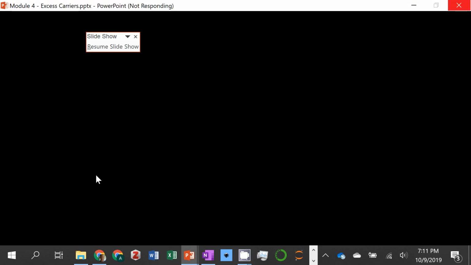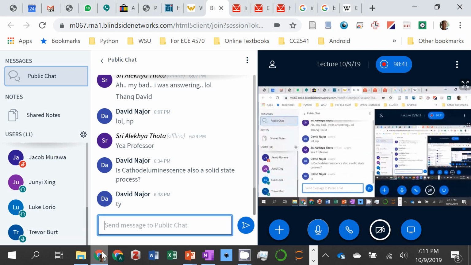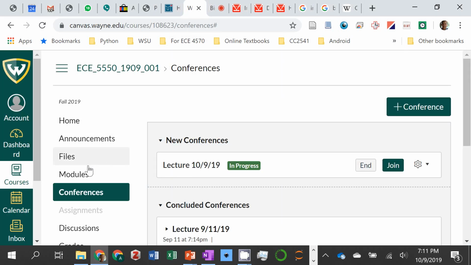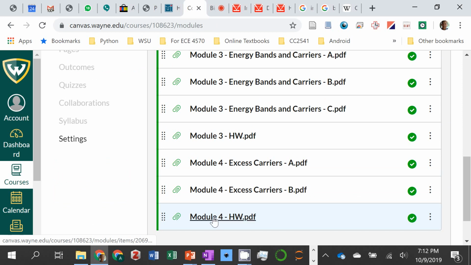All right, I just want to point out a couple things here. On Canvas, if you look under modules, I've posted the notes, and I've also posted homework 4, so you can get a start on that. You can take a look at the first part of homework 4. I will be posting the answers to homework 3 shortly, probably today or tomorrow, so that you can start taking a look at those solutions, and I will post the solutions to homework 4 probably this weekend, so you can start taking a look at those in preparation for the exam.